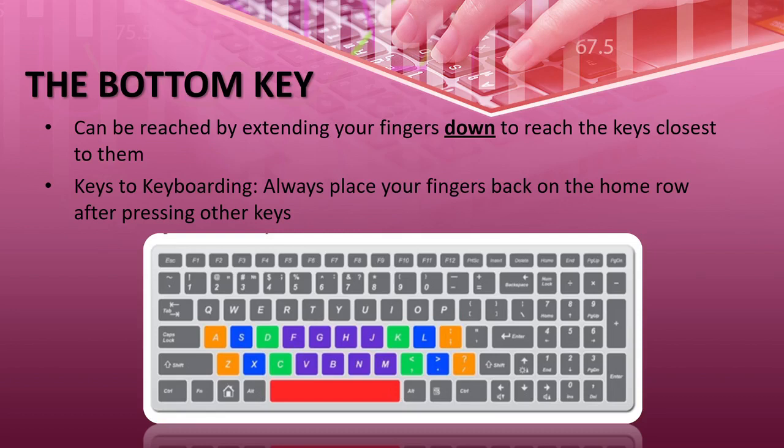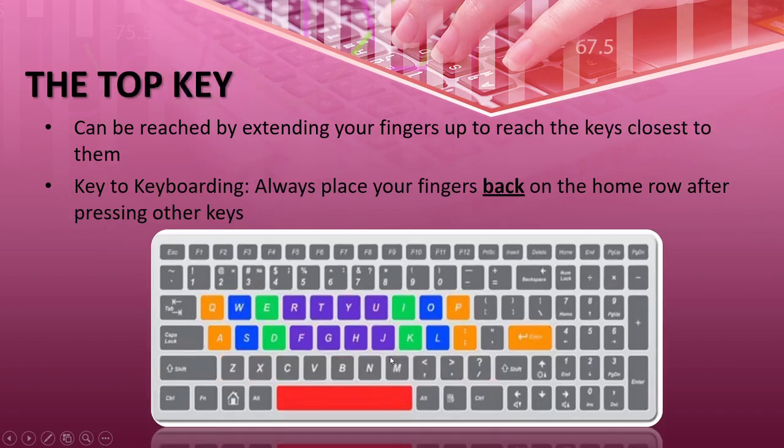After pressing this key, we move back to the home key. Where is our home key? The middle row. You can see here we call it the middle row. It is our top row, middle row, and this is our bottom row.